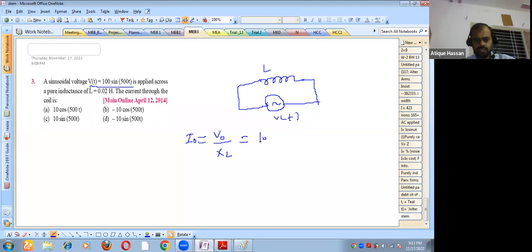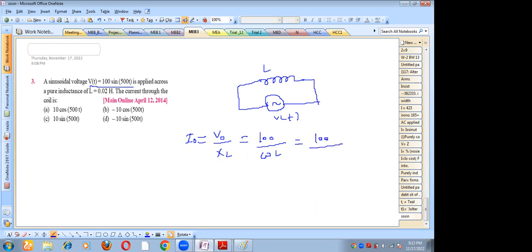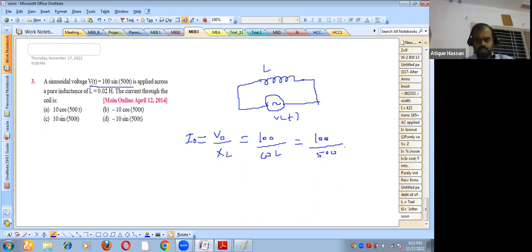V naught is 100, the peak value of voltage, and XL is omega L. So 100 upon what is omega? 500. Correct, 500. So we will get I naught is equal to 1 by 5.